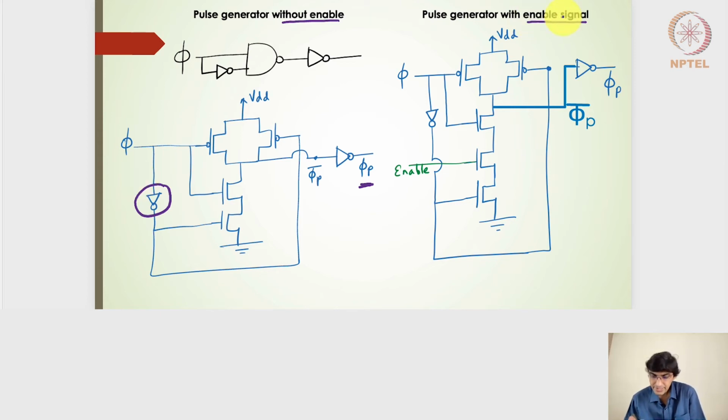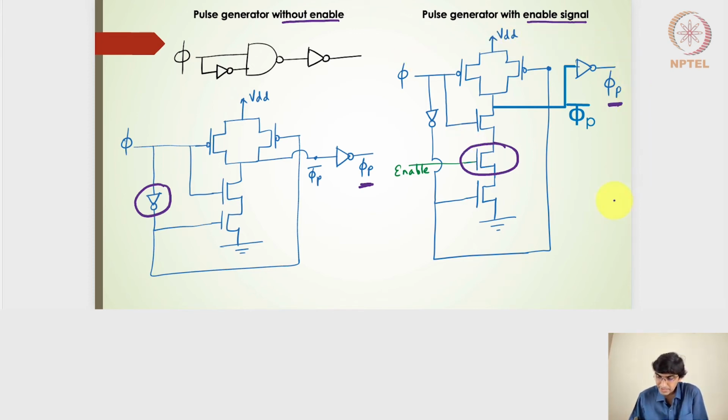Now with an enable signal, if I want to add it, I need to ensure that only when the enable is high will I get the pulse signal going high. Otherwise, the pulse signal will be low throughout, right? So for that case, an enable signal is provided to 1 additional transistor in the pull down circuit of the 2-input NAND gate, right?